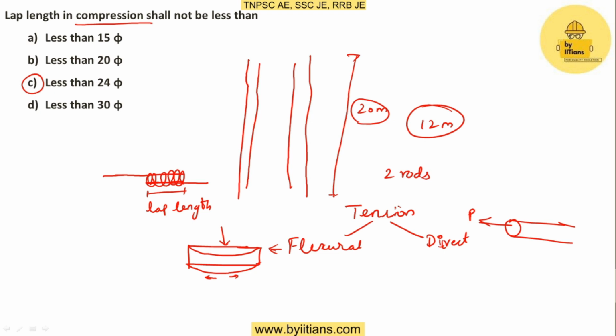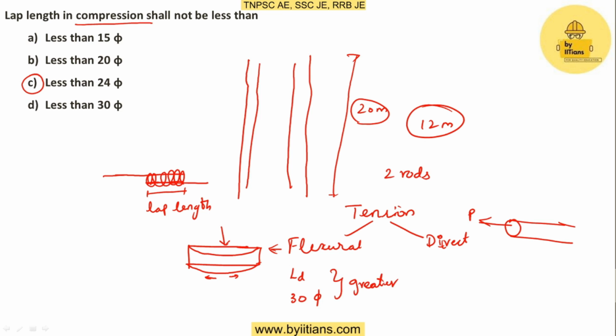Okay, for this, they have given some conditions for the lap. For flexural it should be development length or 30 dia, whichever is greater; that value you have to adopt for the lap length in flexural tension.